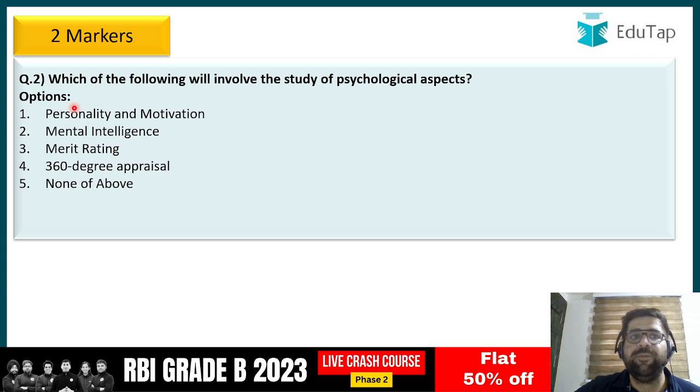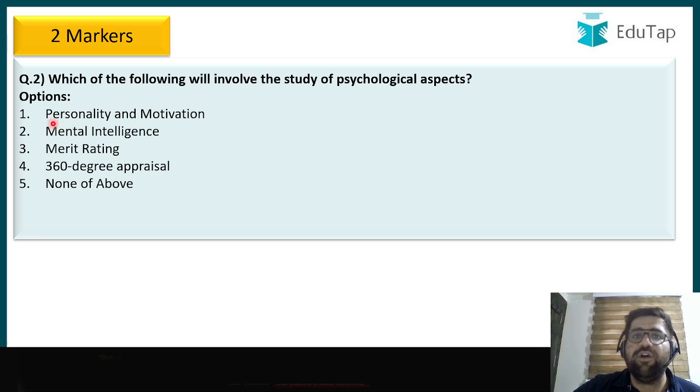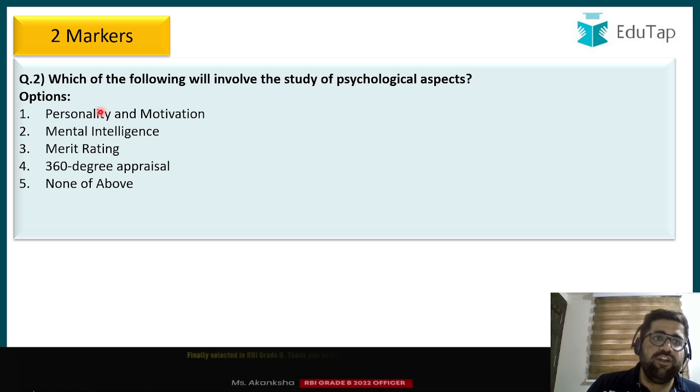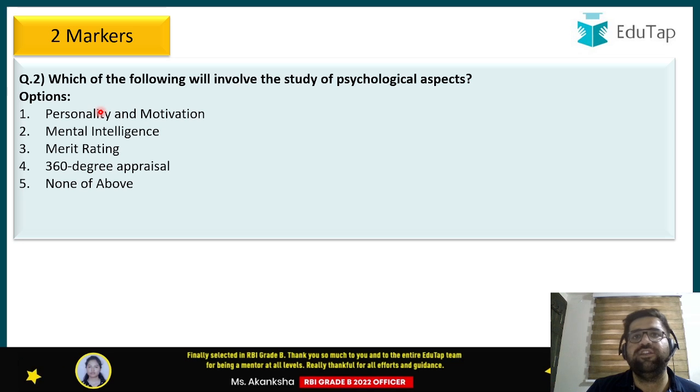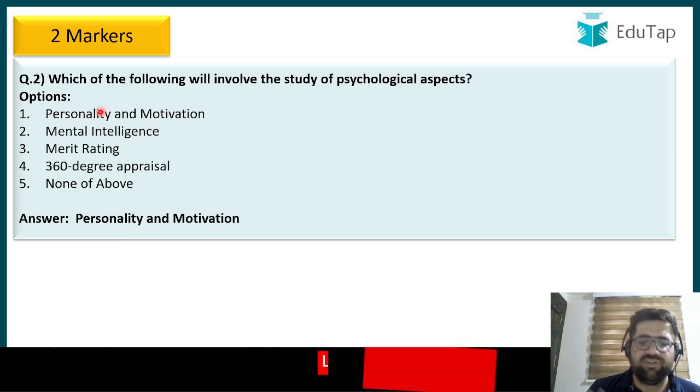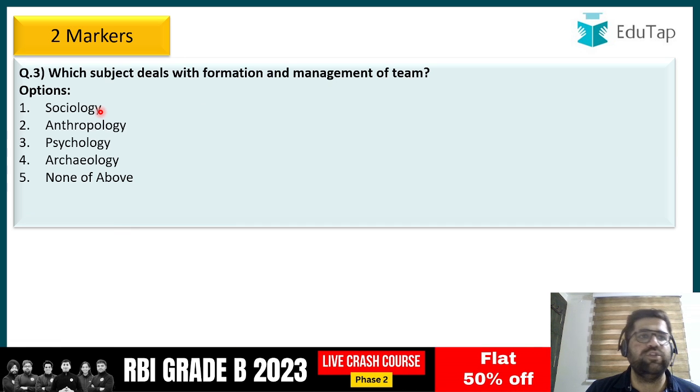The right answer will be personality and motivation, because under personality we understand what are different components of mind, how a particular person will behave, and so on and so forth. Therefore, the best possible answer to this question would be personality and motivation. I again repeat, these two questions were direct and can be solved on a very easy scale as well. Now let's come to question 3.